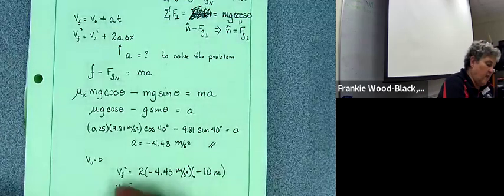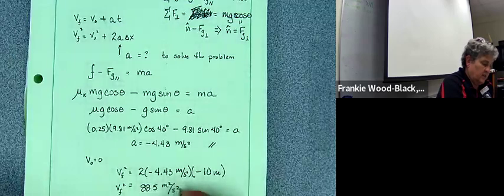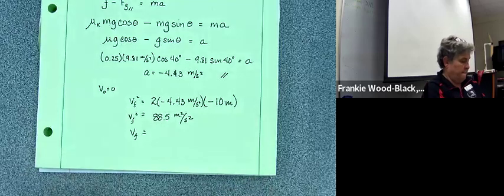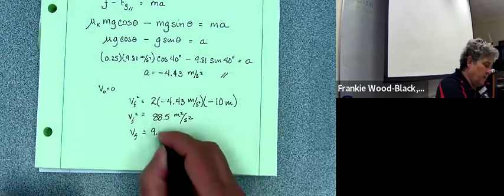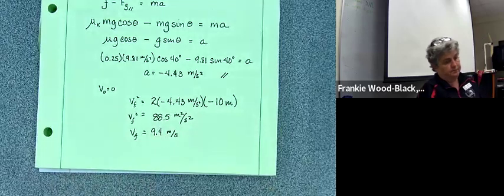So I get v final squared is equal to 88.5 meters squared per second squared. V final equals 9.4 meters per second.